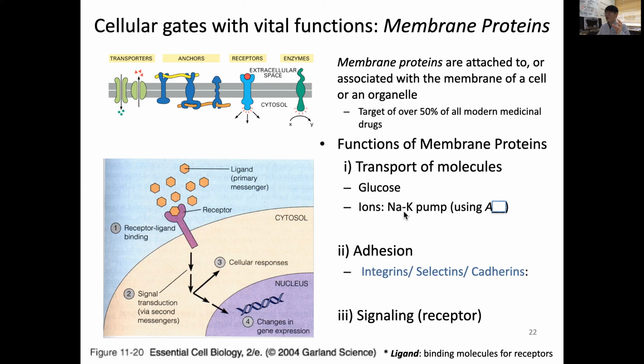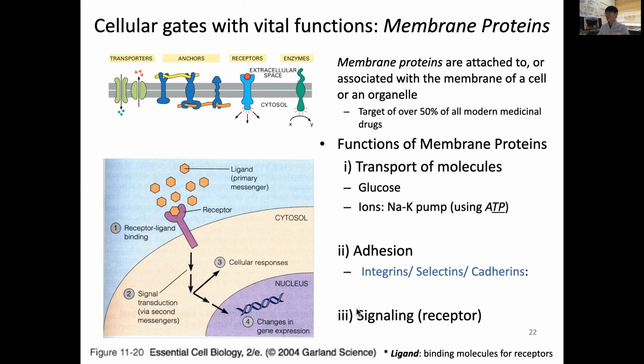And those ion channels sometimes need to work using energy from ATP. Another function is adhesion molecules, which put together epithelial cells to cells or cells to the extracellular matrix. There are integrins, selectins, and cadherins. I'm not going to talk deeply here, but later on.